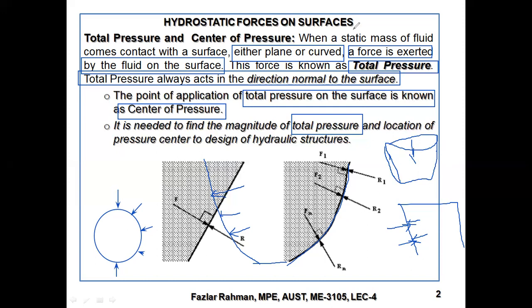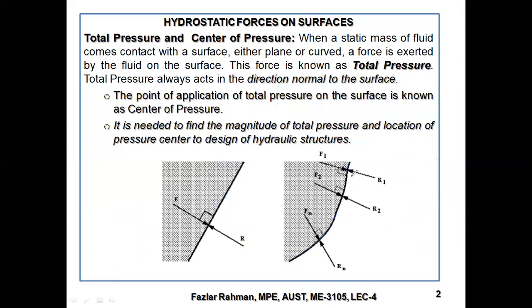So the right side figure shows a curved surface, with pressure force from the fluid working right over here, not only here but at all locations, and the wall is reacting in the opposite direction. Now, all these forces I can consider as a resultant working through a certain point right over here.